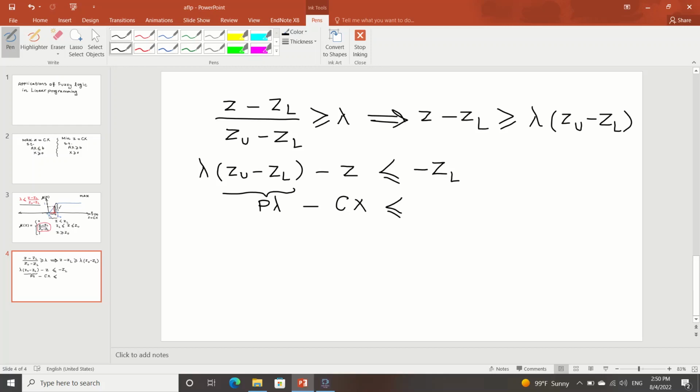And we can write instead of negative Z lower, ZL minus ZU. What's the ZU minus ZL? P. What is the ZU? The main value.